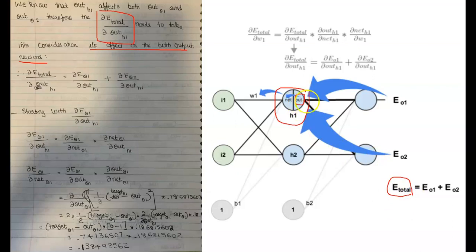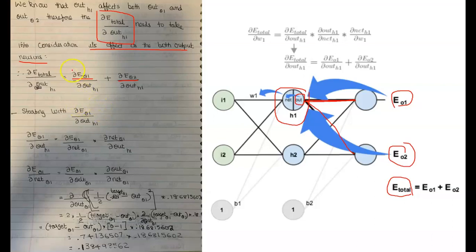As you can see from this figure, out H1 will influence EO1 and also influence EO2. So we have to further divide dou E total by dou out H1 into dou EO1 divided by dou out H1 plus dou EO2 divided by dou out H1, right?